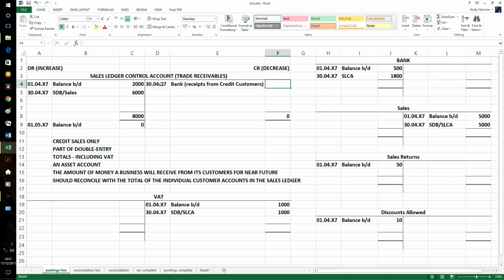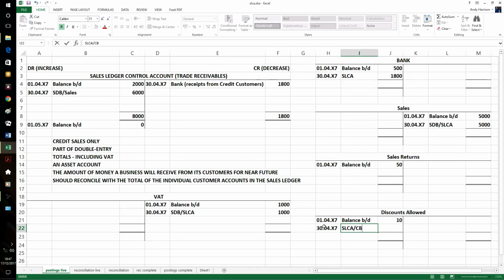Just some credit customers, and that will reduce of course the amount when it's all balanced off. If they paid us quick enough, we would have given them discounts.